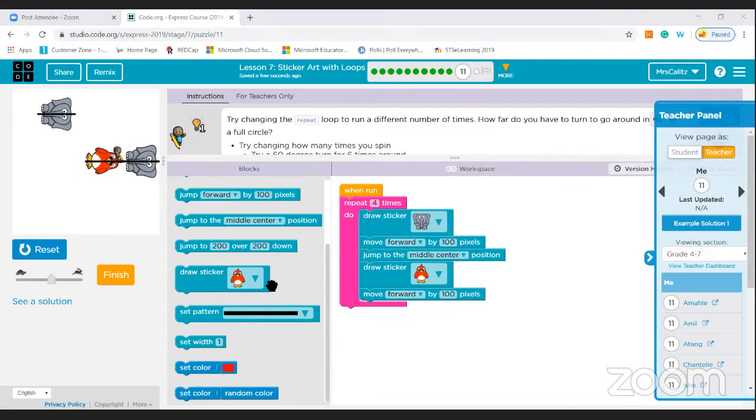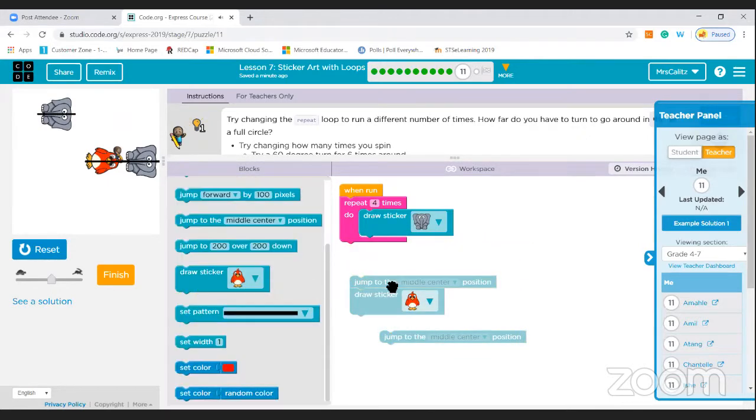Jonah, you're going to help me. Can I unmute you? Jonah, can you help me? Are you still thinking? I'm still thinking, ma'am. Okay. So here we're saying jump to the middle center position. We can take this out.